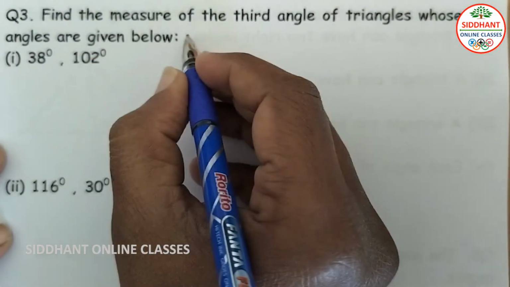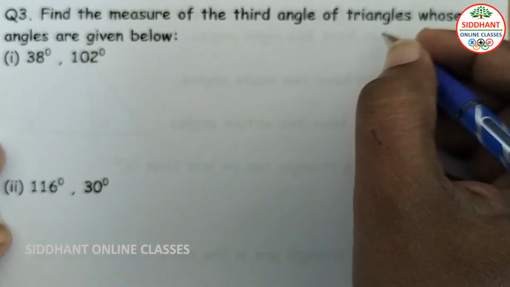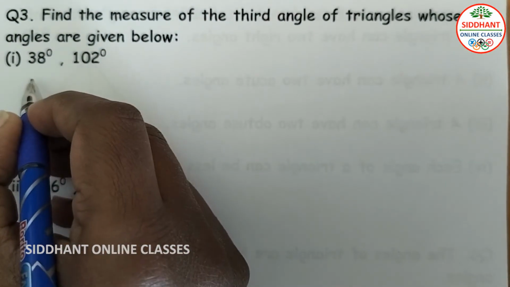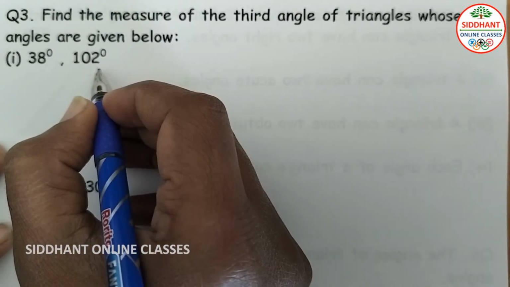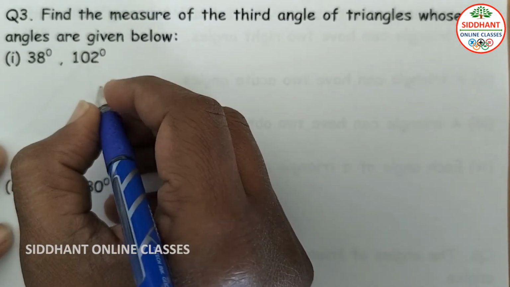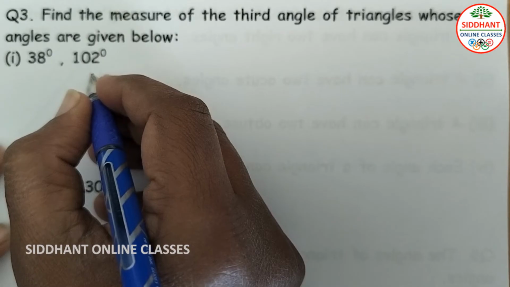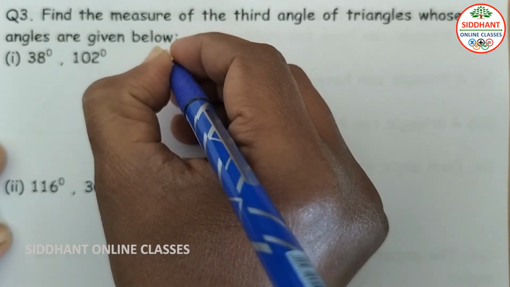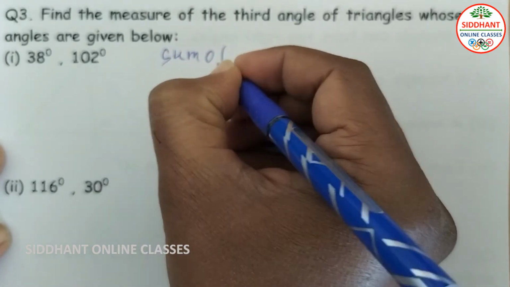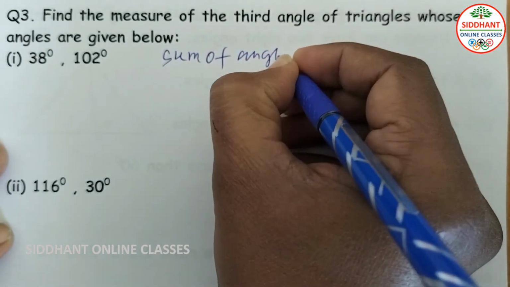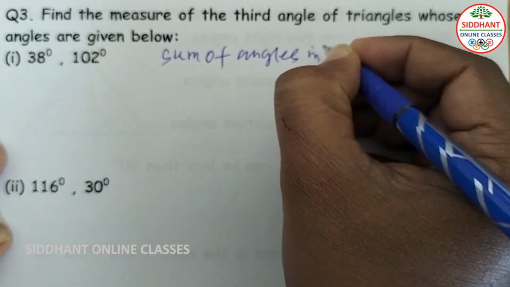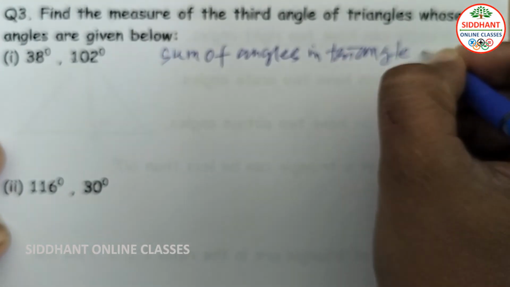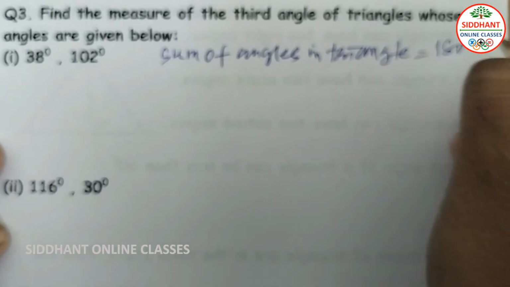Question number 3. Find the measure of the third angle of triangles whose two angles are given below. So first one 38 degrees and 102 degrees. So here two angles are given and we are going to find out the third angle here. So we know that the sum of angles in a triangle is 180 degrees here.